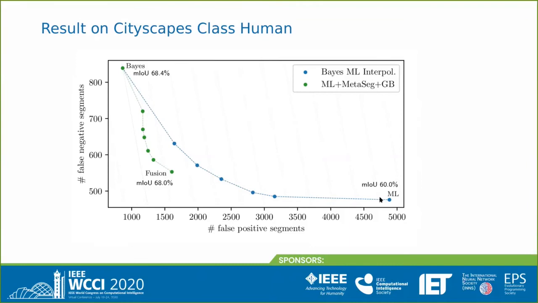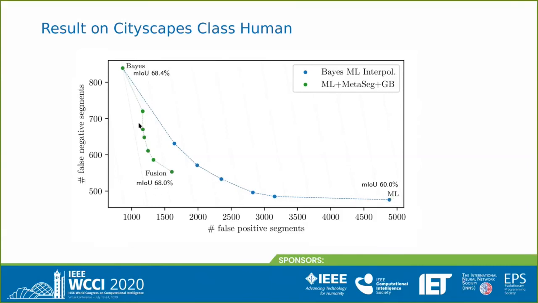And for each of these thresholds, we apply MetaFusion. So that point here corresponds to that point on the green curve, and the second point on the blue curve corresponds to the second point on the green curve, and so on. And we can say that the green curve is more optimal compared to the blue curve with respect to the trade-off between the error rates, because the optimal point would lie somewhere here. It is the bottom left corner of the rectangle spanned by the base decision rule and the maximum likelihood decision rule.